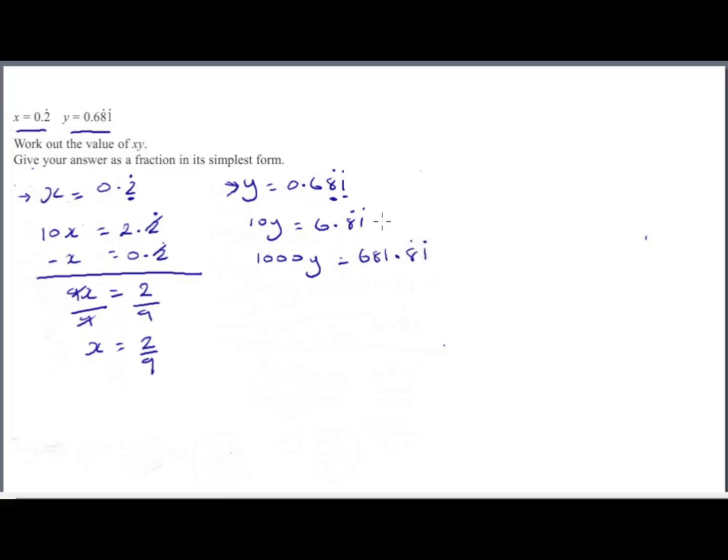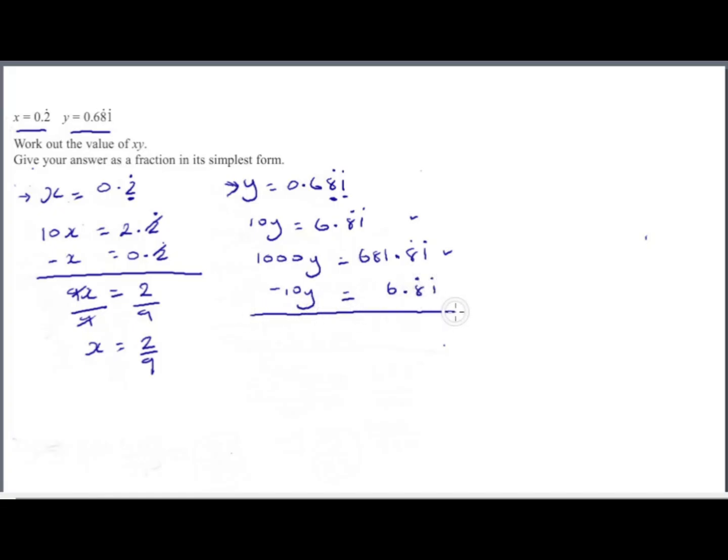So remember now, our aim is to get rid of the recurring part. So if we subtract these two equations here, we would eliminate the recurring part. So let's go ahead and do that. So 1,000y minus 10y. We know that 10y is the same thing as 6.81.